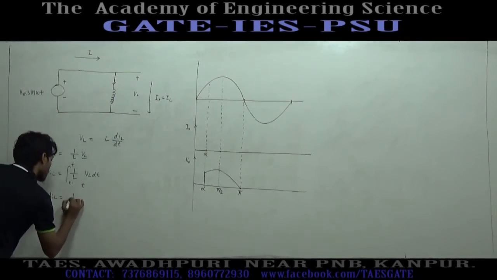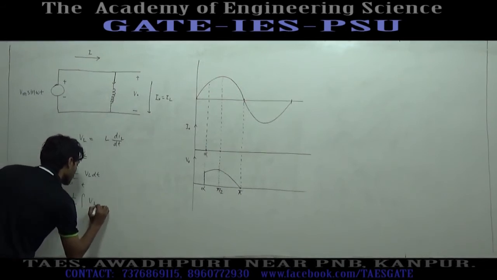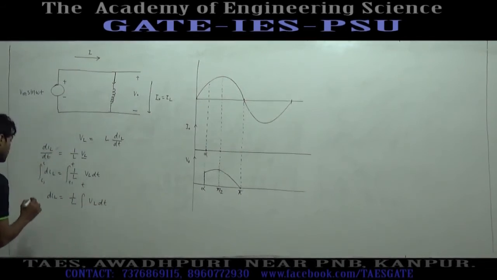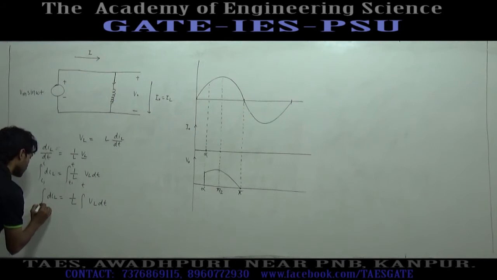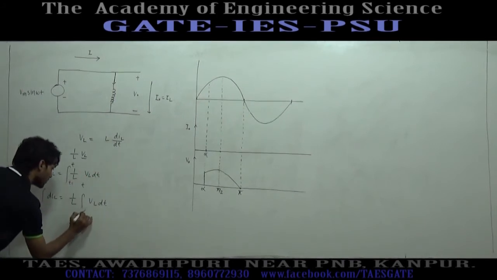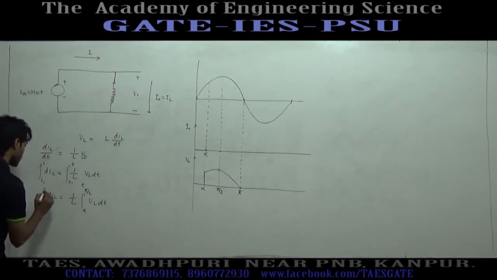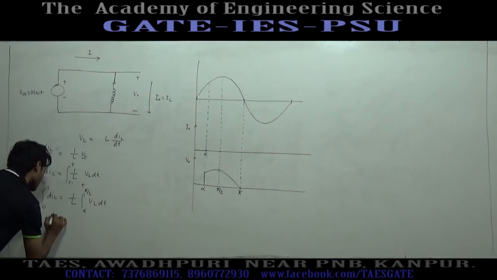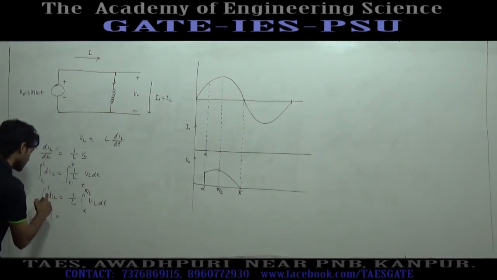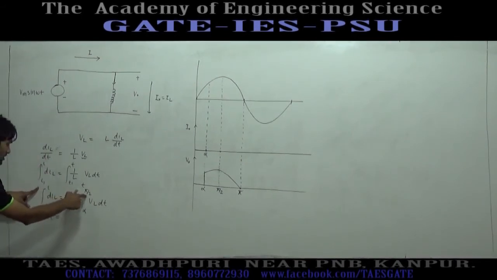dIL equal to 1 by L integration VL dt. We will integrate it: at omega t equal to alpha, current is 0, at omega t equal to pi by 2, let us say current is I. Hence, I minus 0 equal to I, this is current at omega t equal to pi by 2.